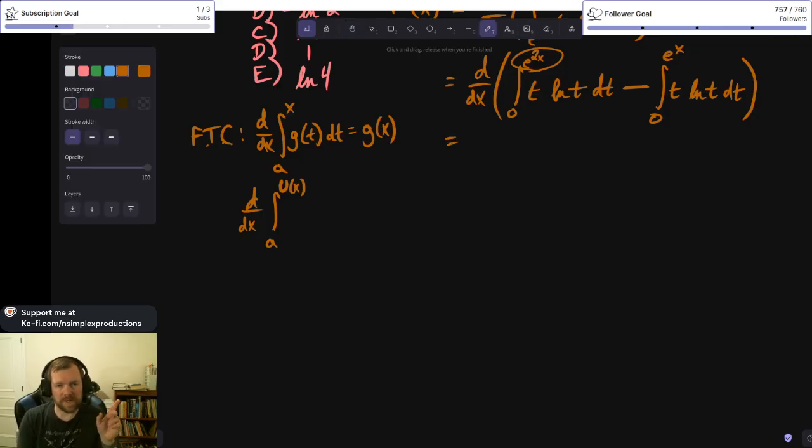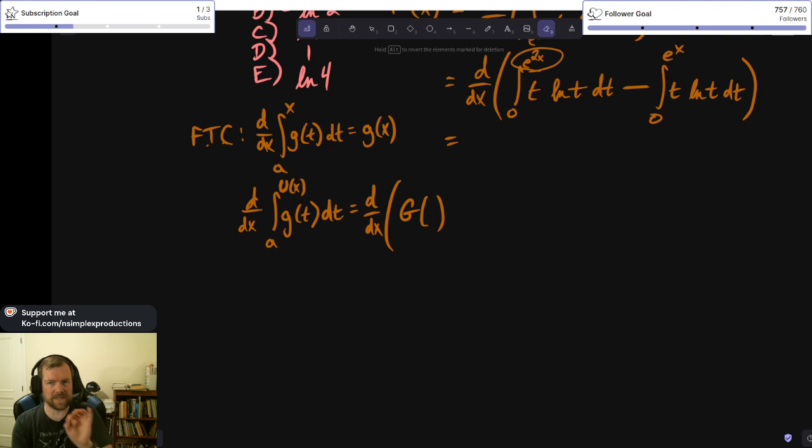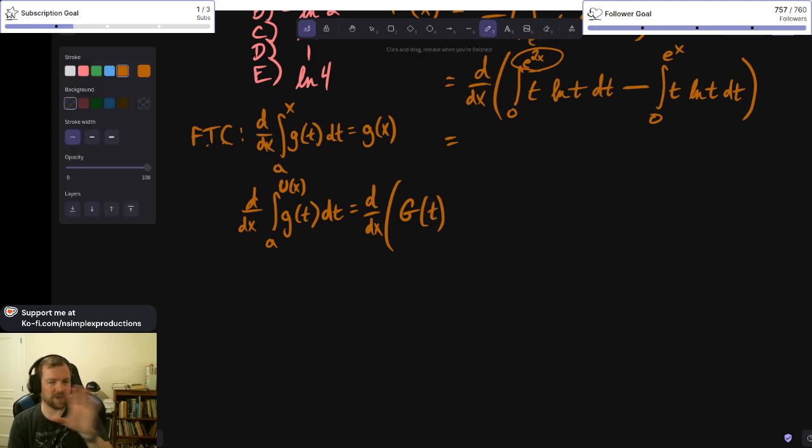So what we see is that when we take the integral from a to the upper limit u of x of the function g of t dt, what we get is the derivative d dx of the function capital G of x, just representing an integral of the function lowercase g of t. Let's do this again in long form so that we understand the concept first. The limits for this are from a to u of x.